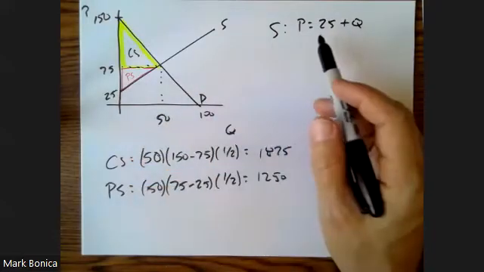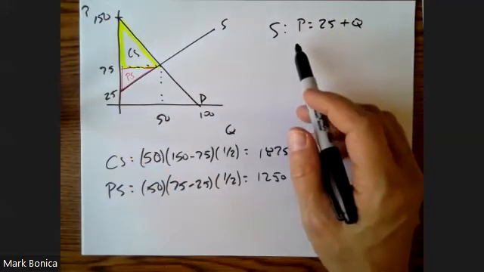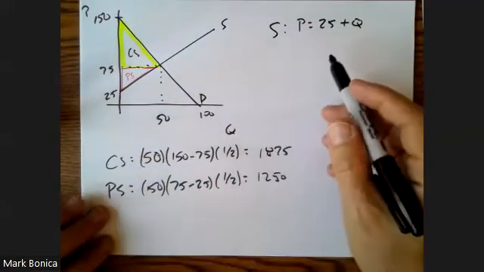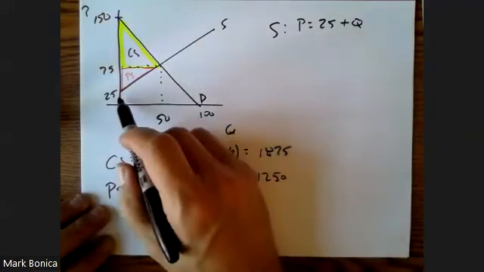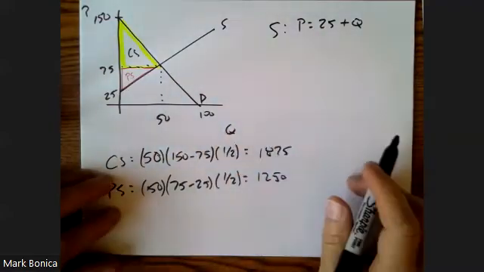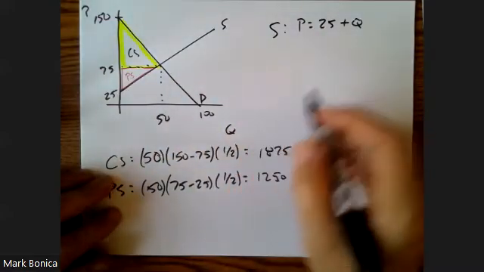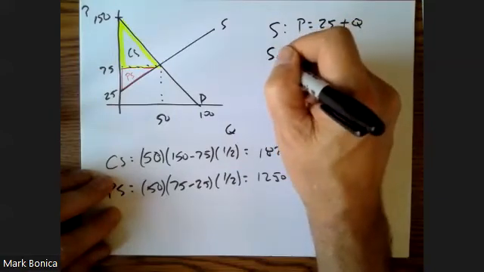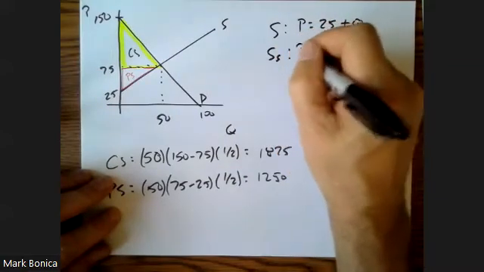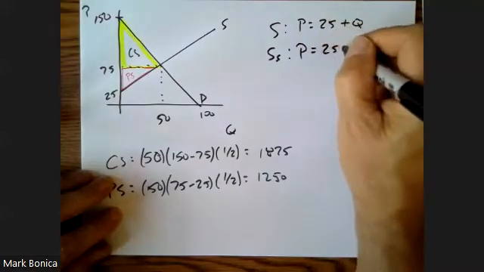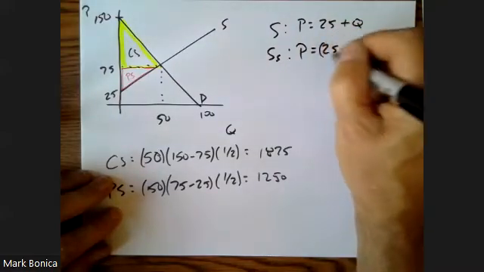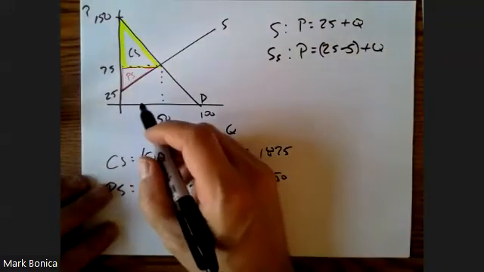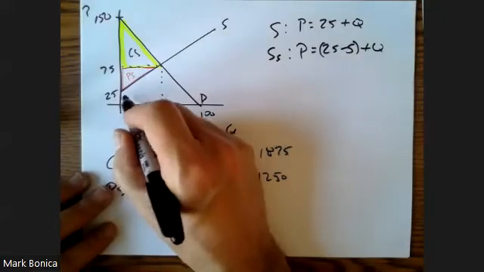But if we can make it $5 less expensive by subsidizing her, she's going to be willing to produce more at the same price. So let's say supply under subsidy, SS, is going to be P equals 25 minus 5 plus Q, right? Because it's as if we're making it cheaper for her to produce.